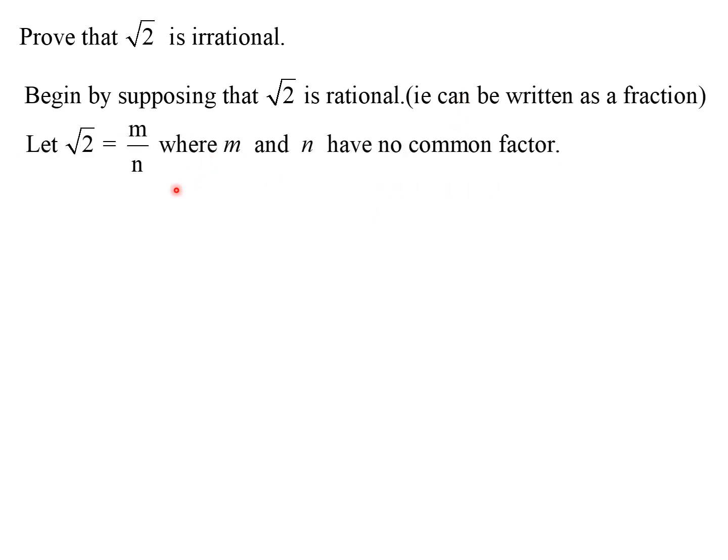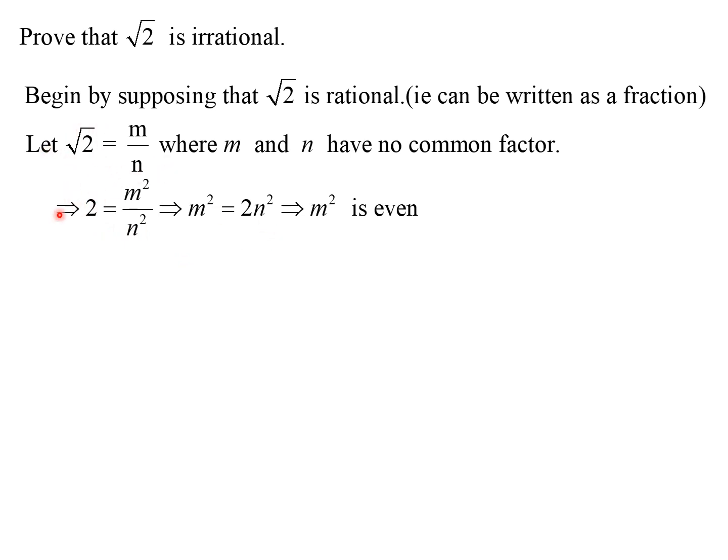Okay, so if it can be written as a fraction, we assume root 2 equals m over n, and m over n of course should not have a common factor, meaning we cannot simplify it further. If we square it, we get m square over n square equals 2, so m square is 2n square, because we square both sides.